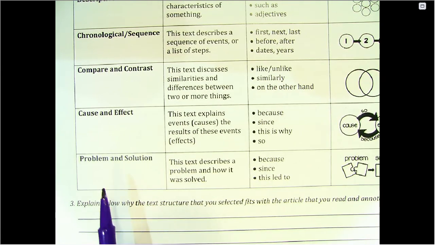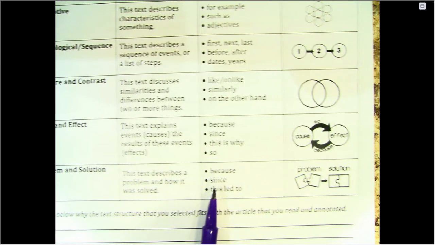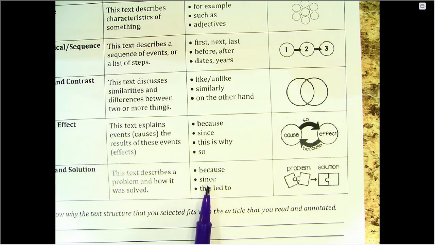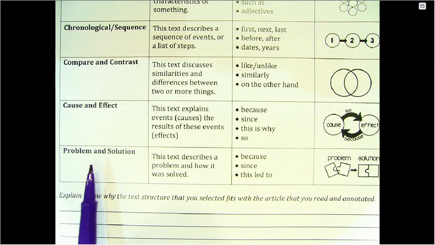And the final type, maybe it's a problem and solution text. Maybe the text describes a problem Dickens had and how that problem was solved. And again, words like because or since or this led to would be clues that say, hey, that's a problem and solution text. Here's where I'm misnumbered.